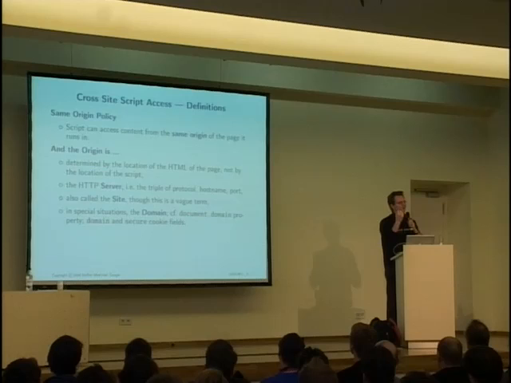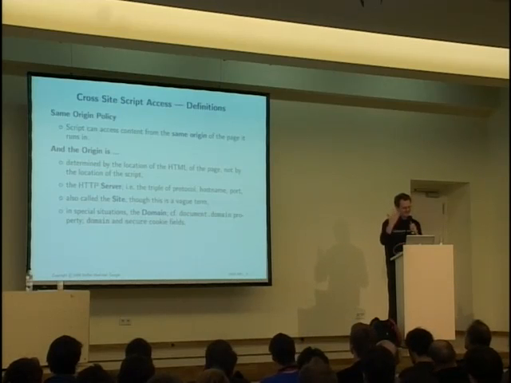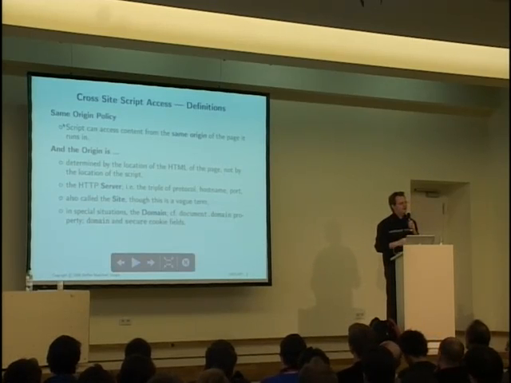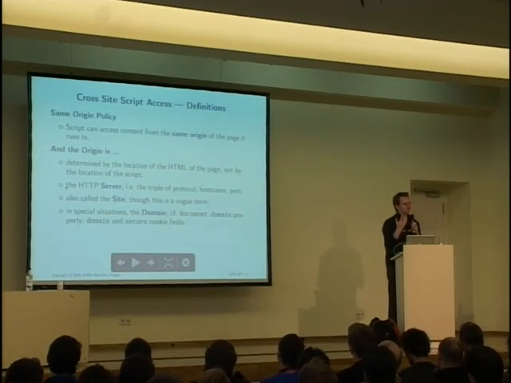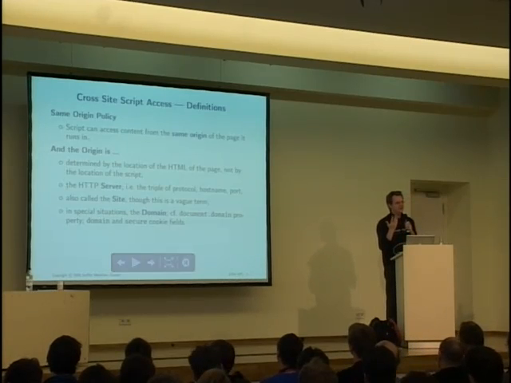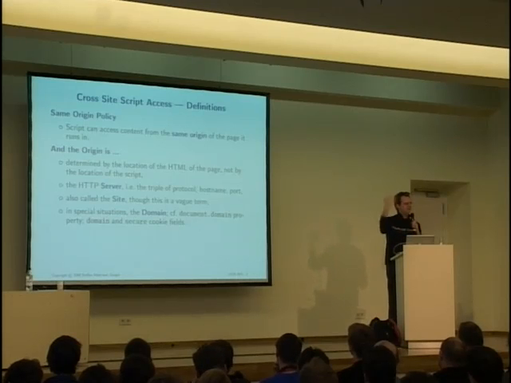So the script that runs in this HTML page can be from somewhere else, that doesn't matter. But the script that runs in this HTML page can access data only from the same origin as this HTML page. And the origin, in the case of the HTTP protocol, that is, in the case of pages that were transferred into the browser using the HTTP protocol, is the HTTP server.